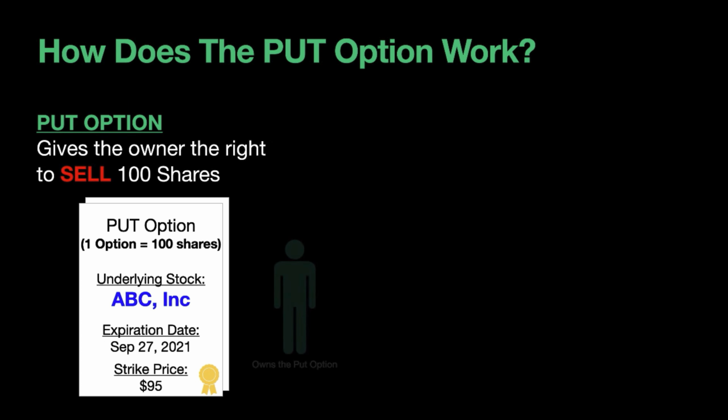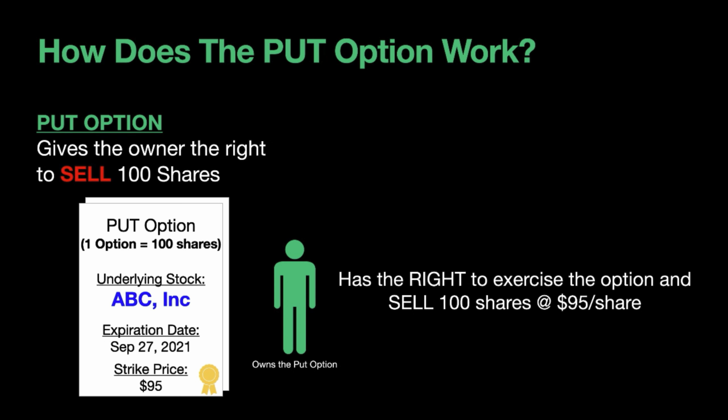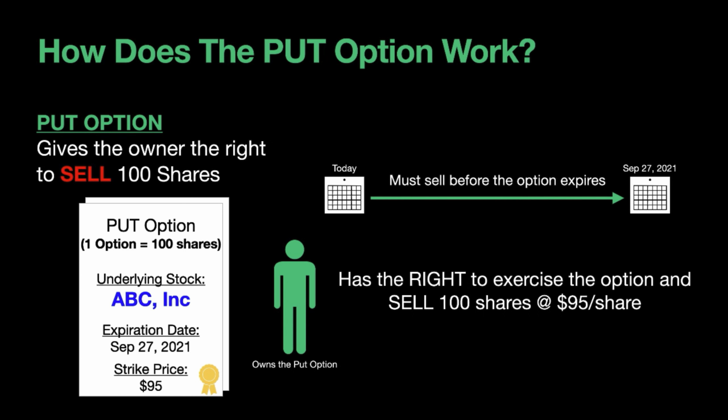So let's take a look more in depth now. This person that owns the put option, they have the right to sell the 100 shares. So they can exercise that option and sell 100 shares, and they're guaranteed to get $95 per share. Now the catch is they have to sell the shares before the option expires.